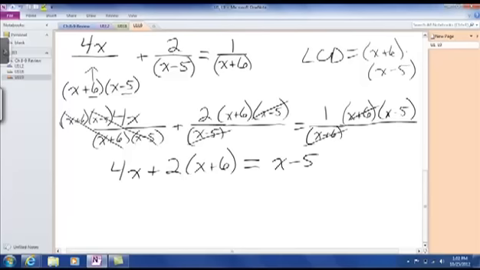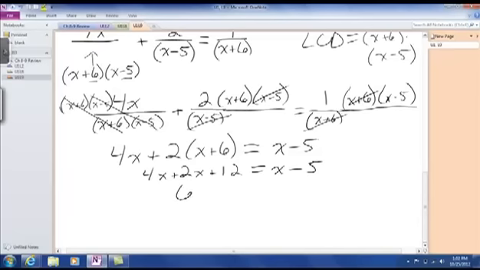Okay, we can solve this. Let's distribute the 2. 4x plus 2x plus 12 equals x minus 5. Okay, well, I've got some x's I can combine on the left, and I need to move this x over from the right. Let's do one step at a time, though. 6x plus 12 equals x minus 5.